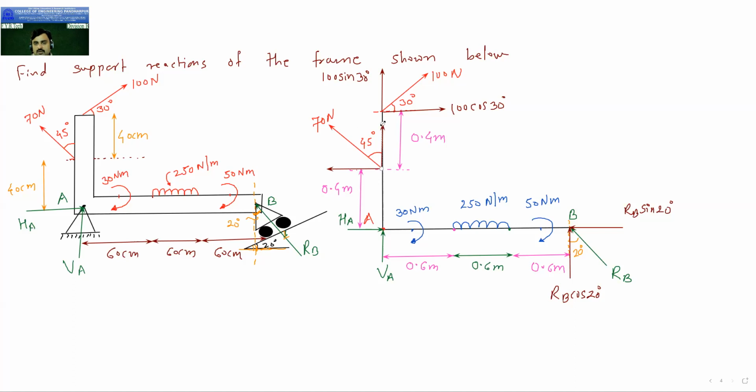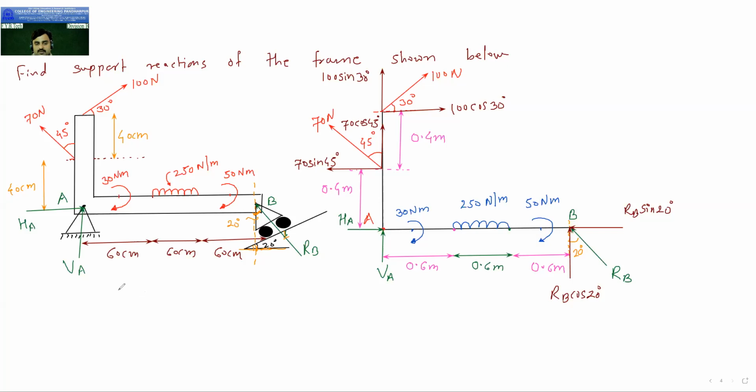Here you will get another component, and now this angle is 45 degree. So this will become 70 cos 45, and this is 70 sin 45. So this is the resolution of the force. Now we will consider the components of the forces for the further calculation.